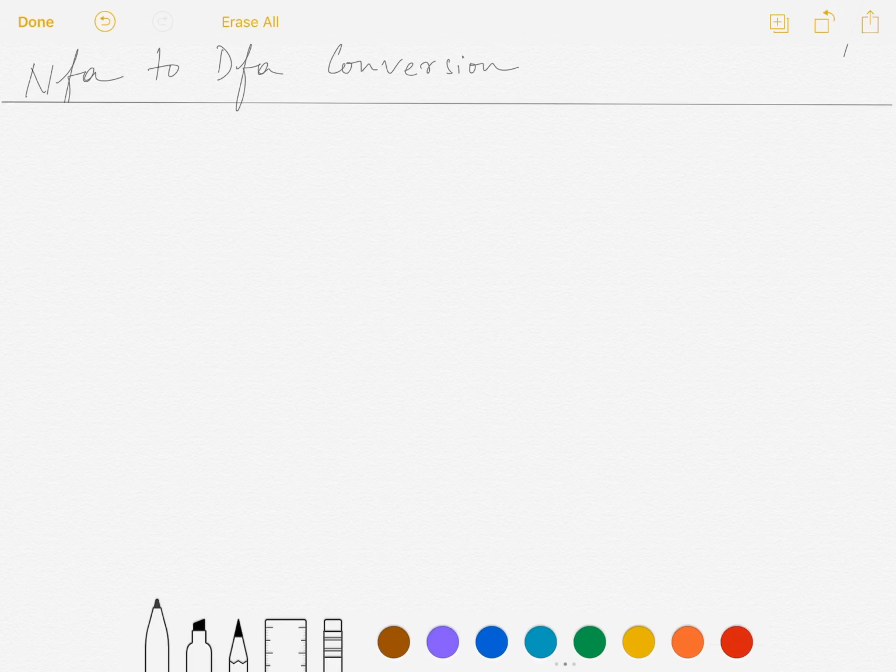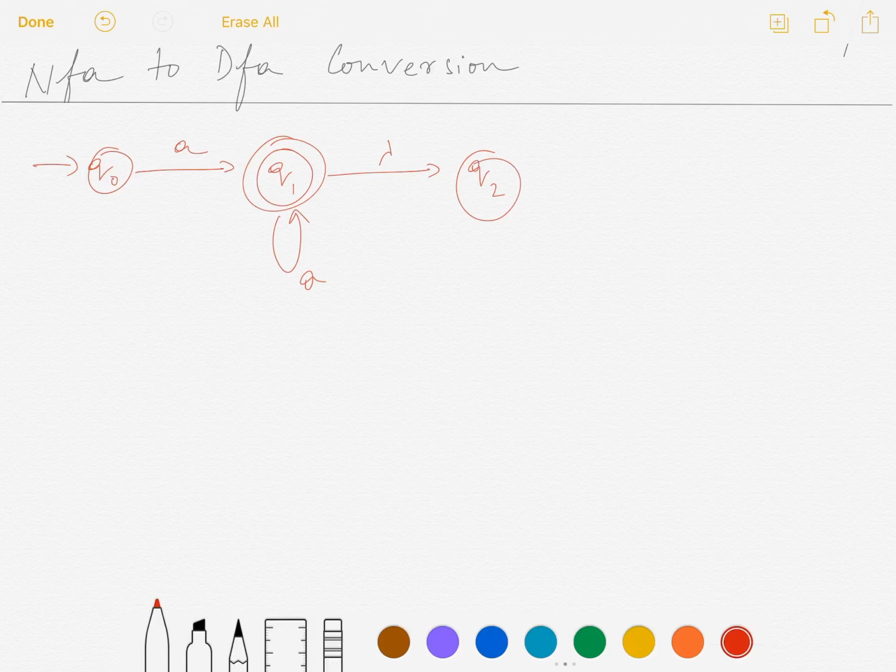So, in this example we will try to do the same thing. Let us first start with the first example. This is obviously an NFA.